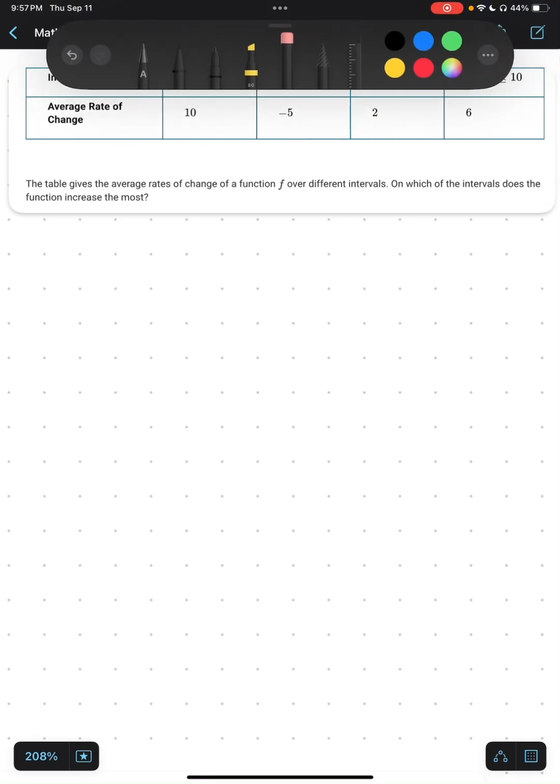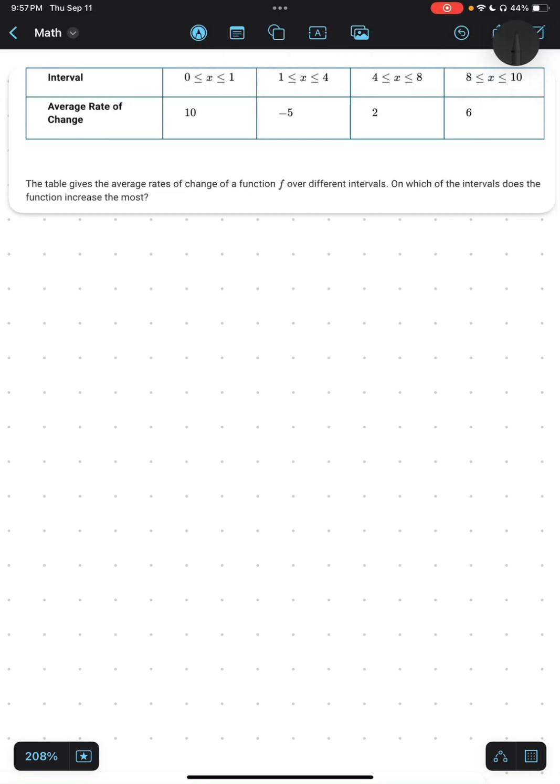We have to look at it in a sense of from 0 to 1, so you're moving one space, and that's like 10. Let's say you move one space over, and that's 10 inches.